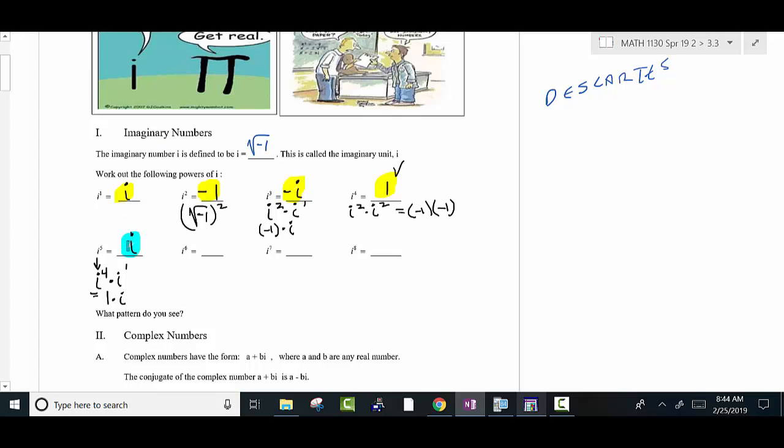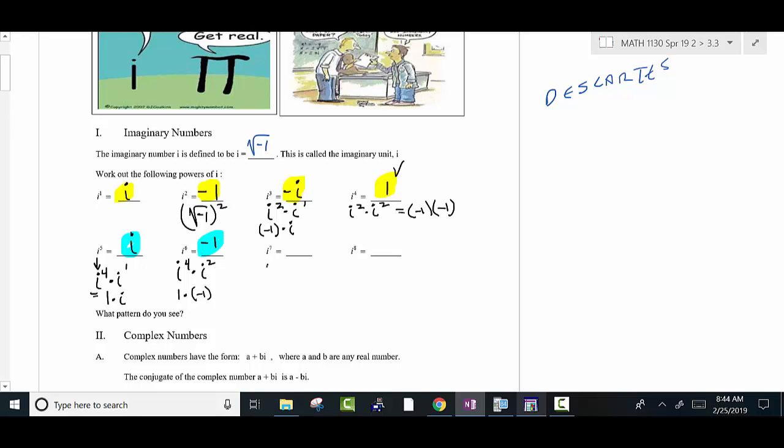If you did i to the sixth, one way would be i to the fourth times i to the second. I to the fourth is 1, i to the second is -1, so that turns out to be -1. Do you see what's happening? It starts repeating itself. Every 4, it's going to repeat itself.